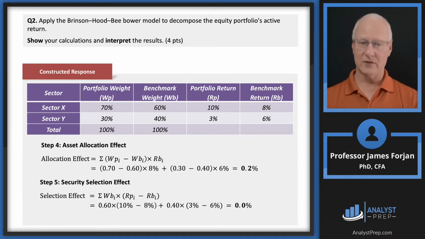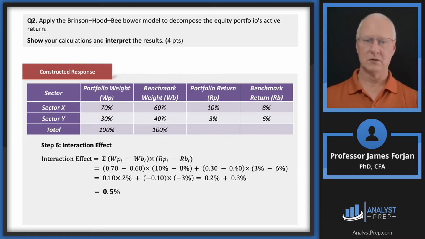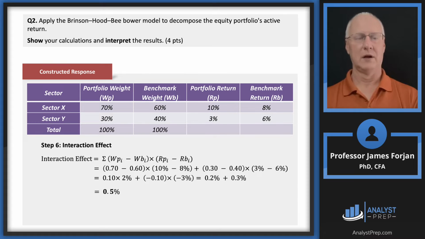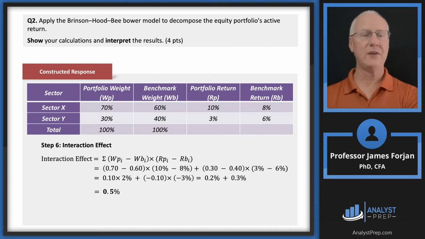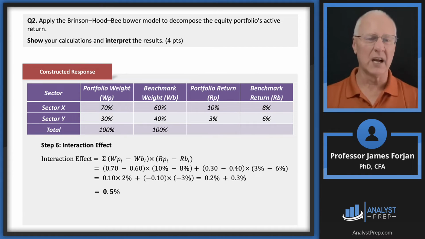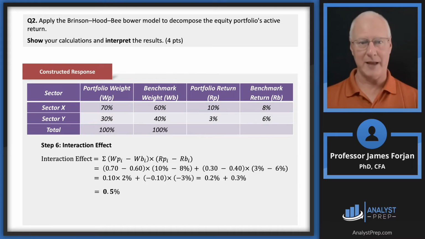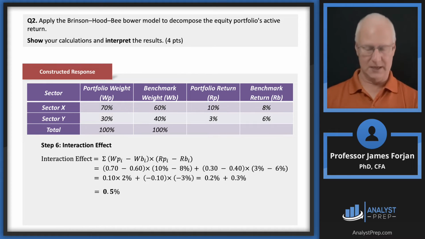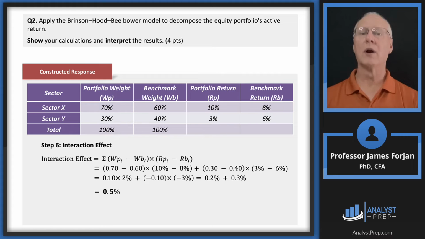So then we need to ask ourselves the question, well, these two things, asset selection and asset allocation, they interact. It's kind of like a compounding effect, but we don't do the compounding that we did all the way back in level 1. All we're going to do is combine what we did in those previous 2 steps into some interaction effect.